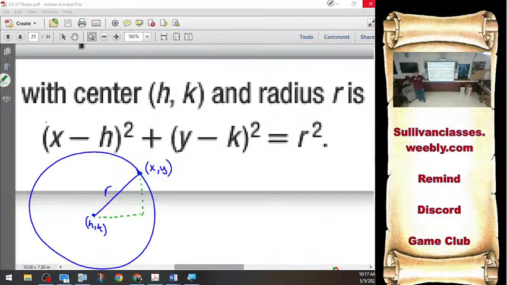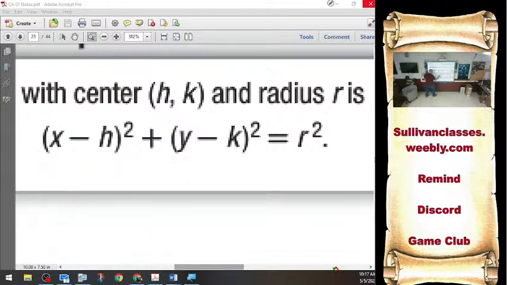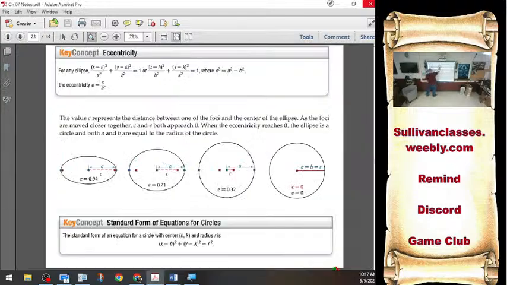X minus H is my horizontal distance. Y minus K is my vertical distance. Squared, squared, square root of that gets me hypotenuse. So they just left it as r squared. Like, this is just Pythagorean theorem and distance formula. That's why this is supposed to be a geometry standard. So I don't think this class specifically talked about that yesterday, but that's where circles come from.